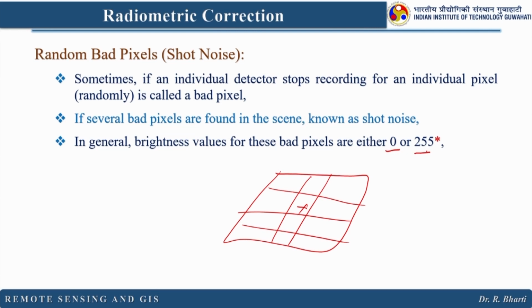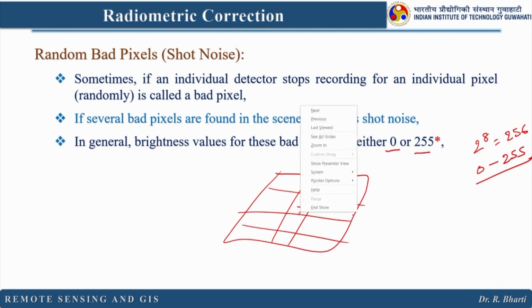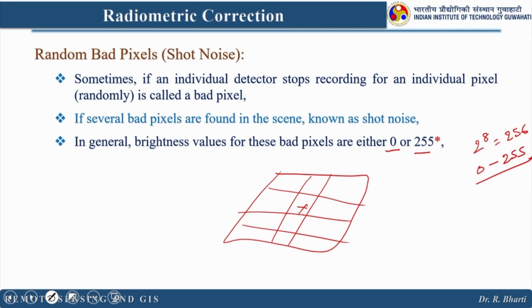This is only when you are having 8-bit data. So 2 to the power 8, your value range is 256. So 0 to 255 is your value range, and when you are having that, it means either you will have a very black pixel or maybe a very bright pixel, because 0 is the darkest one and this is the brightest one.